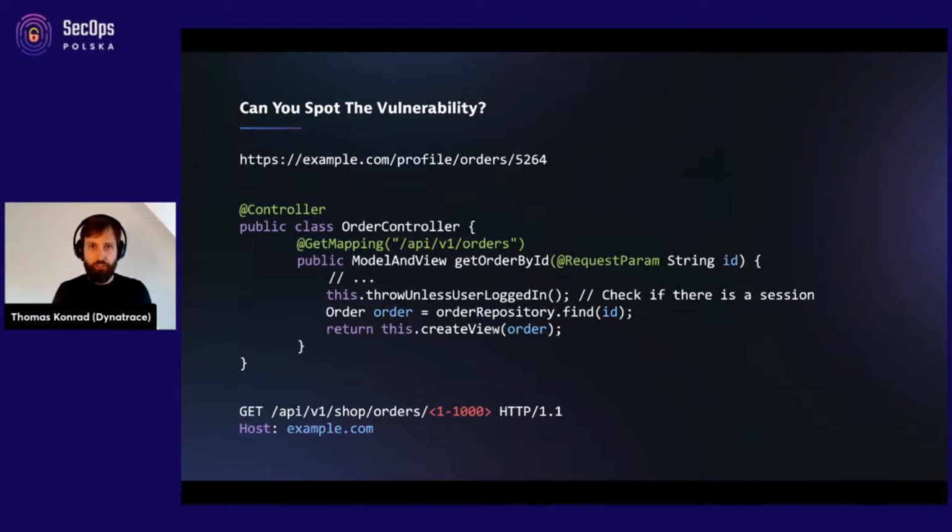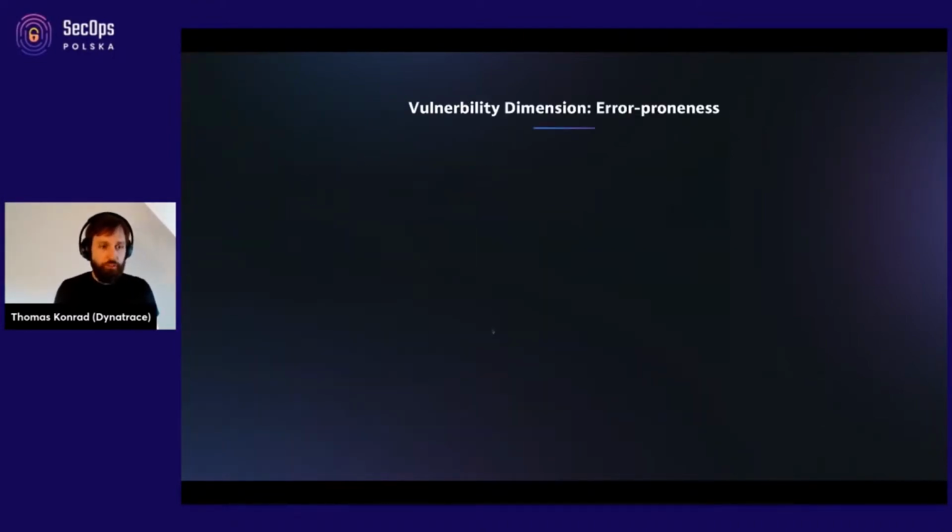I did not do 2 orders in a row, but another person did that before me. So that's a huge confidentiality problem because I can read data. If that happens to big web shops out there, they are in the newspaper if someone attacks them. So that brings me to the first vulnerability dimension, so to say, error proneness.